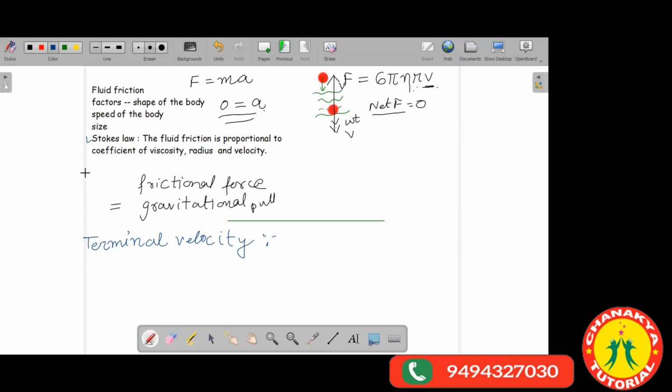And this is the same reason that if you try to accelerate your vehicle, there is a certain maximum speed beyond which you cannot accelerate. Why? The reason is again the dragging force that is acting.